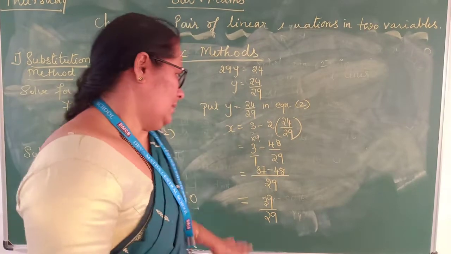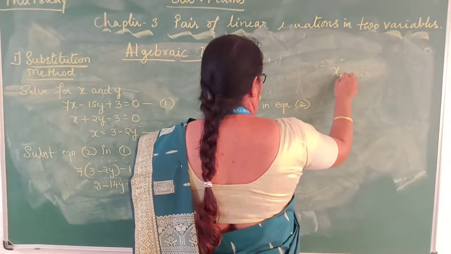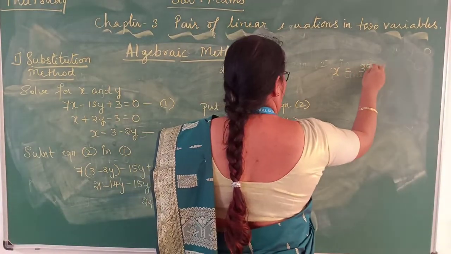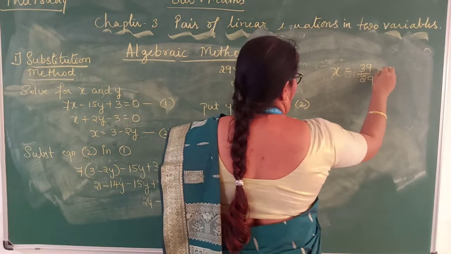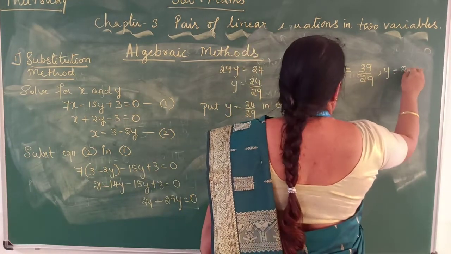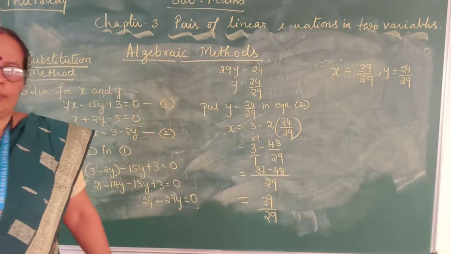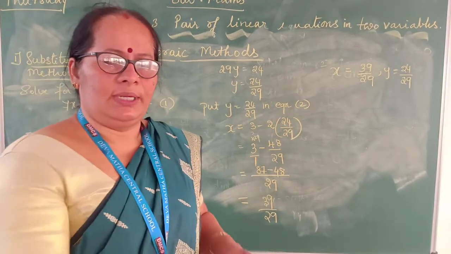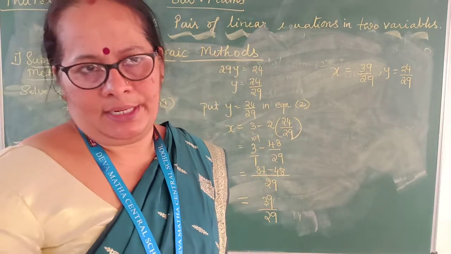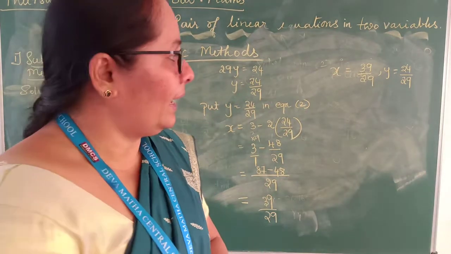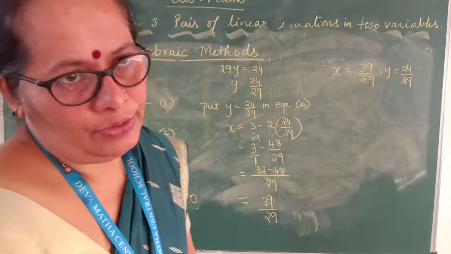So the values are x equals 39 by 29 and y equals 24 by 29. Here you are just substituting one equation in the other equation and simplifying to get x and y values.